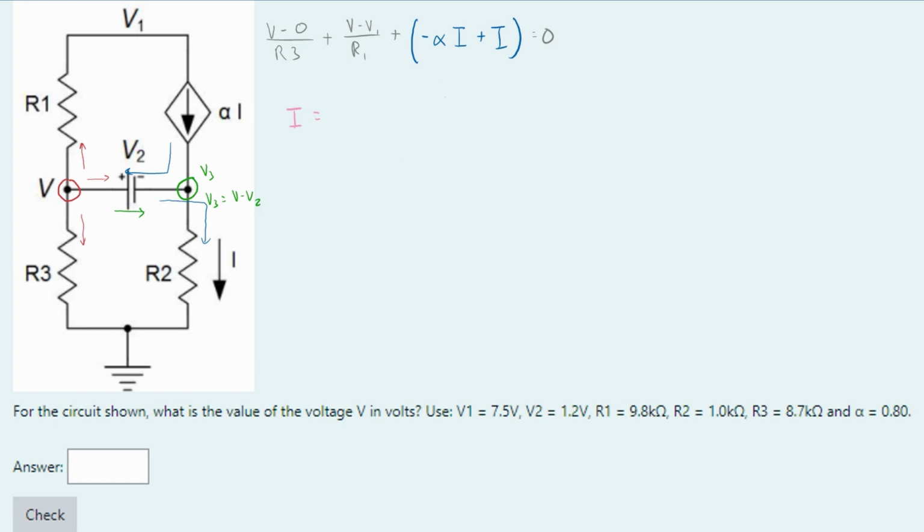So we are going to have the voltage, which is going to be, like we said right here, V minus V2, so we actually are going to be using this, over, again, the resistance that the current is flowing over, which is our R2.